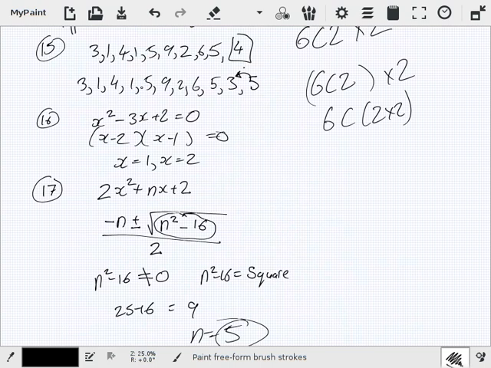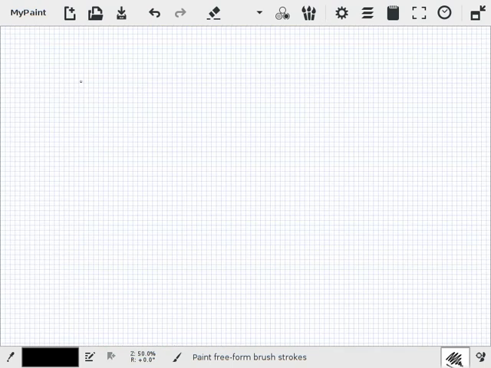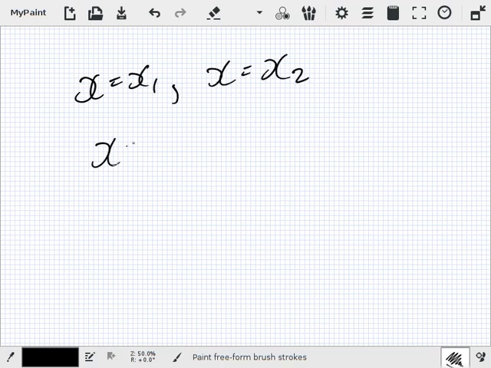Yeah? You said something like, which I was saying, x. No, it's very interesting. A lot of people misread that. I said in the question, write your answer in the form x equals x1, comma, x equals x2. So I wanted students to write in x1, x equals 1 and x equals 2.